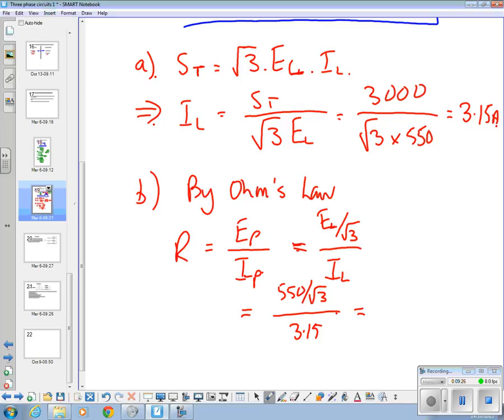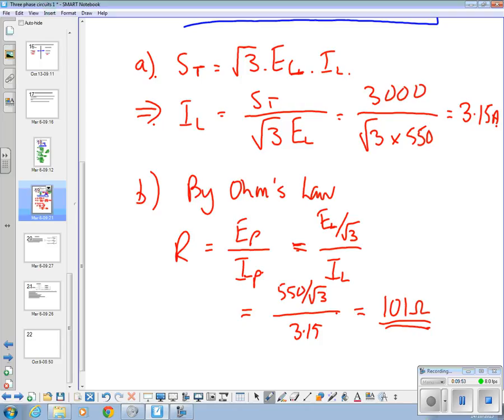So there's a good reason for doing that. What do we get for that? 100.8, which we'll round, to three significant figures, to 101 ohms. So that's A and B.